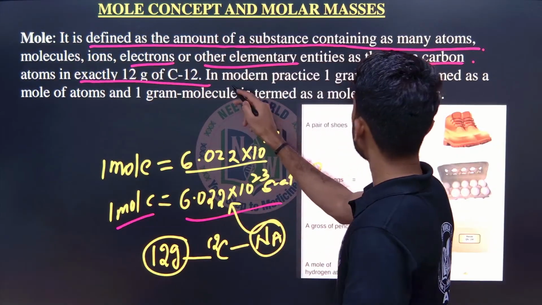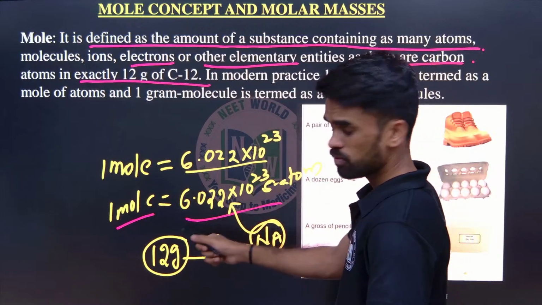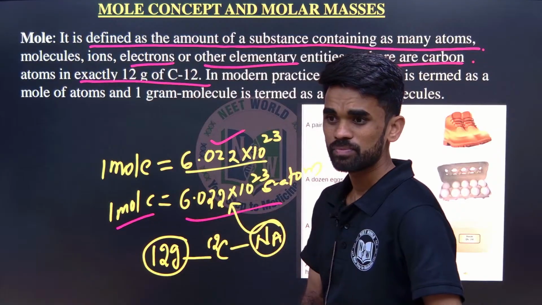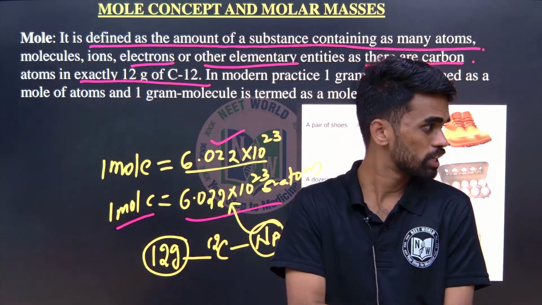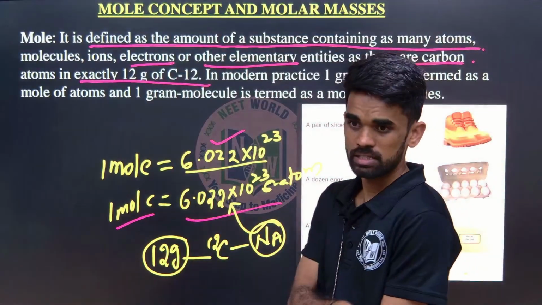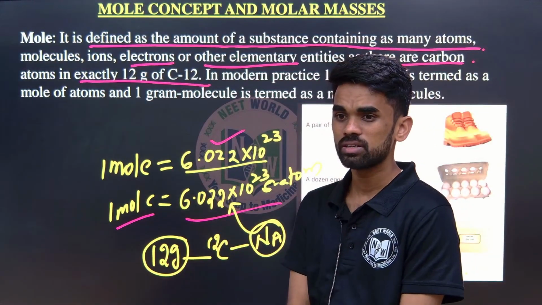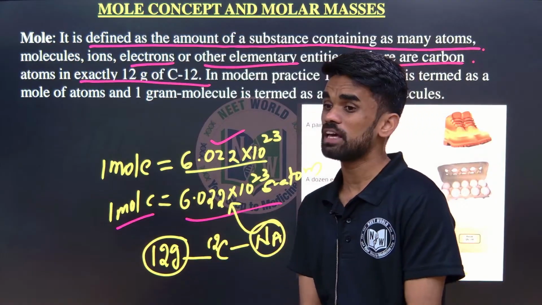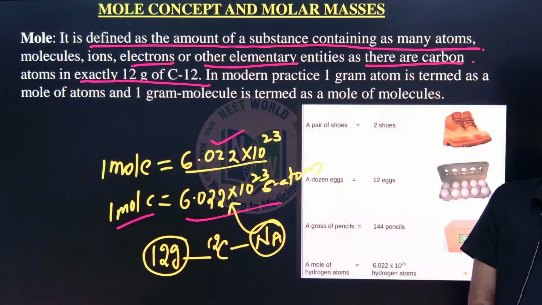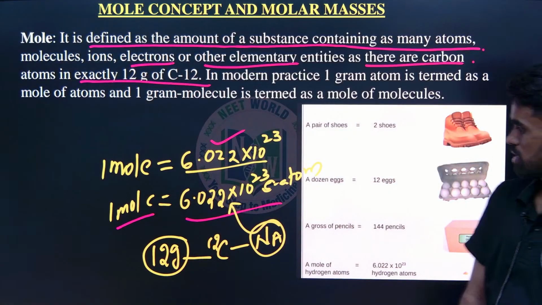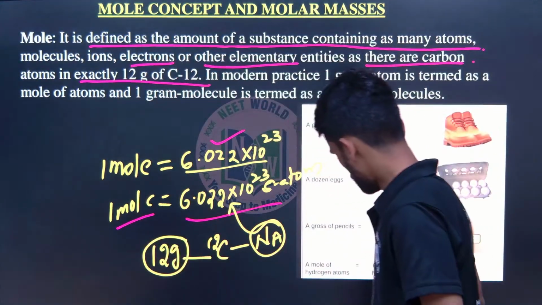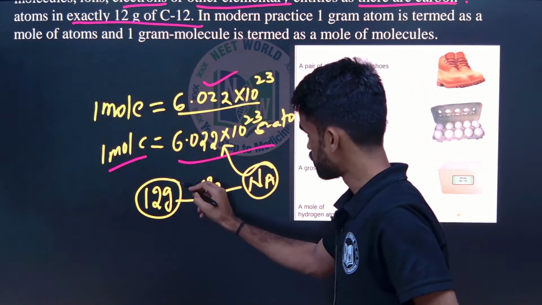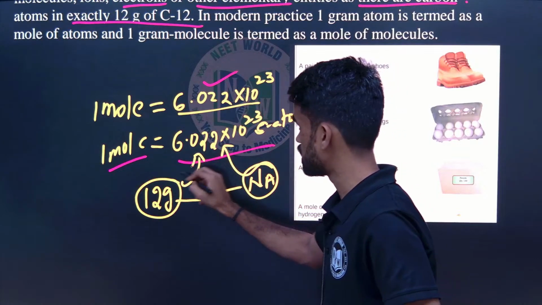This is a practical observation. So 1 mole corresponds to 6.022 into 10 power 23 particles. If I say 12 grams of carbon, it contains this many particles, and this many is nothing but 1 mole.